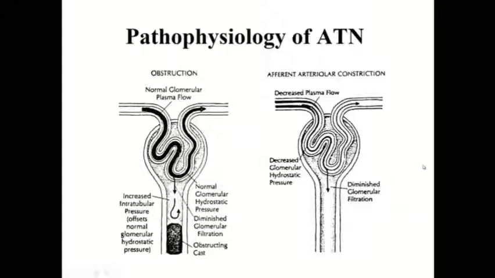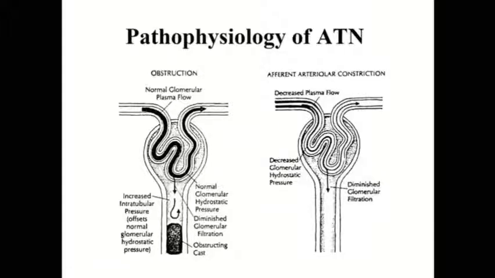But there's also this vascular theory, where even in the absence of obstruction, if there's decreased filtration through this nephron, that gets sensed at the distal nephron, and you can then get vasoconstriction here. It's called tubuloglomerular feedback.